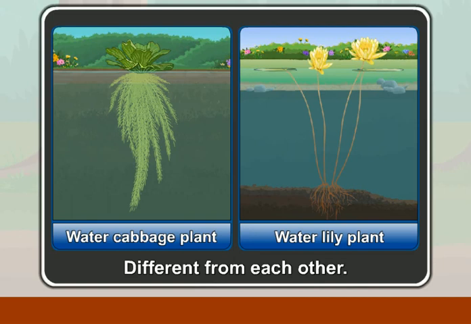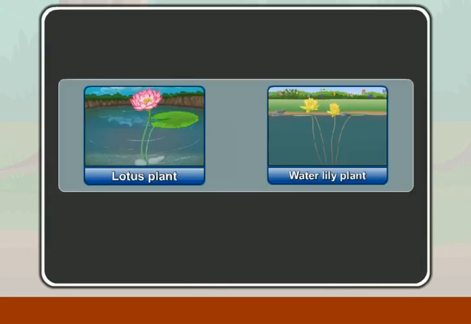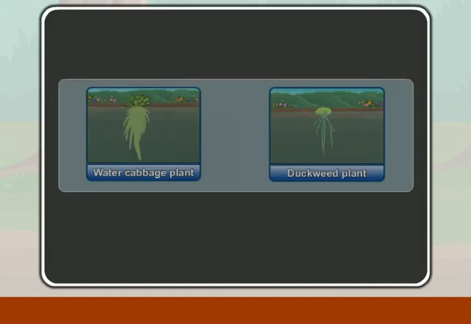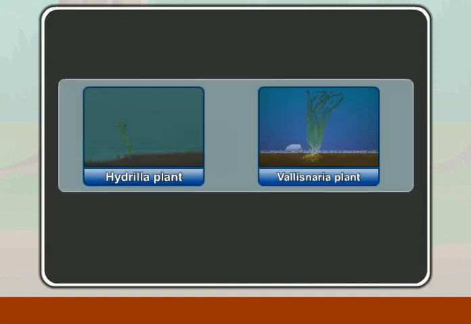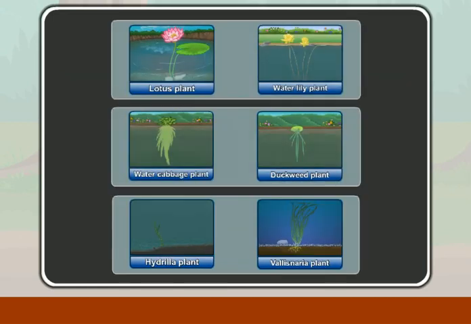On the basis of whether the plants are fixed at a place or whether they are floating on the surface or whether they are completely inside the water, we can divide the aquatic plants into three different types.